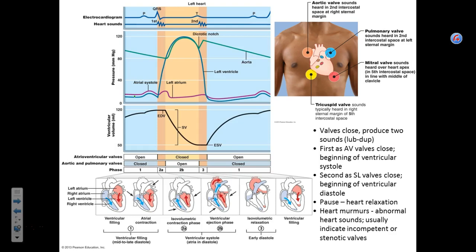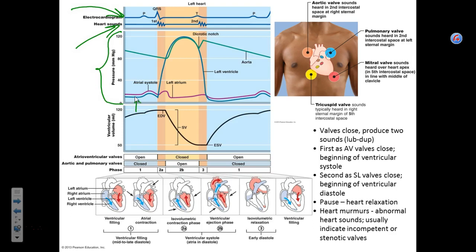Okay? Now, this image shows you everything. So let's take a glance. The top line is EKG. This is heart sounds. Basically, valves make sound as they close. This is the pressure relationships.